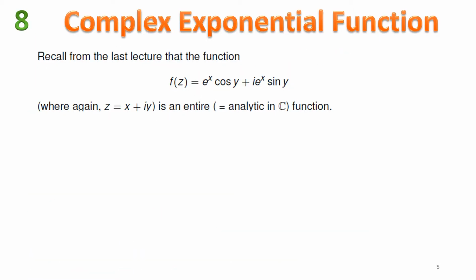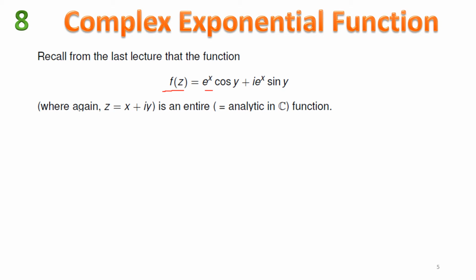So complex exponential function, this is not new. In the last quarter we have written this function f of z is equal to e to the power x cos of y plus i times e to the power x sine of y. You can take liberty to take e to the power x common, and then you can rewrite that as e to the x times cos of y plus i times sine of y.